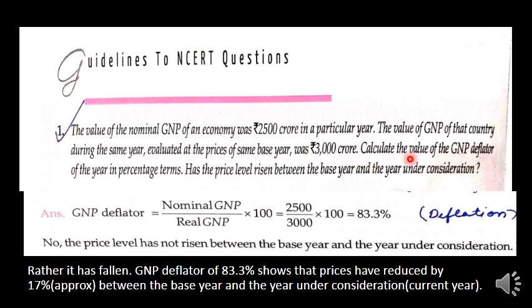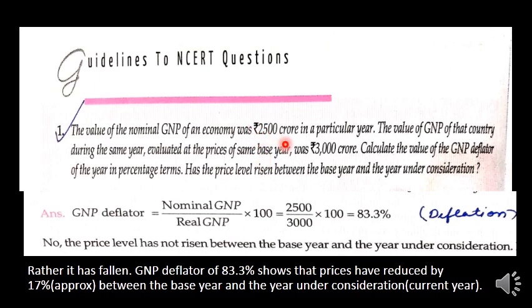Calculate the value of GNP deflator of the year in percentage terms. And the second part of the question, has the price level risen between the base year and the year under consideration?